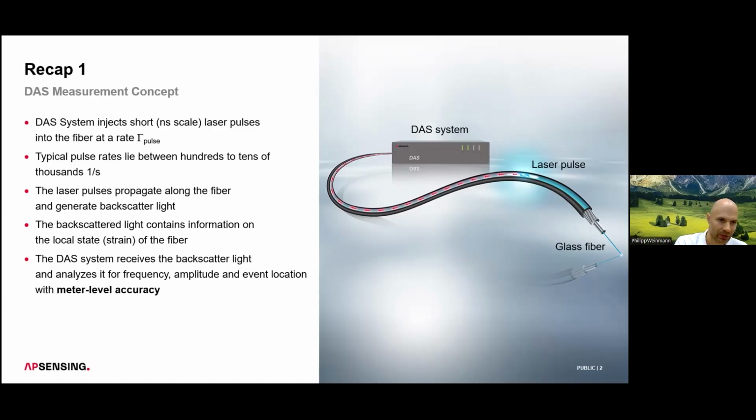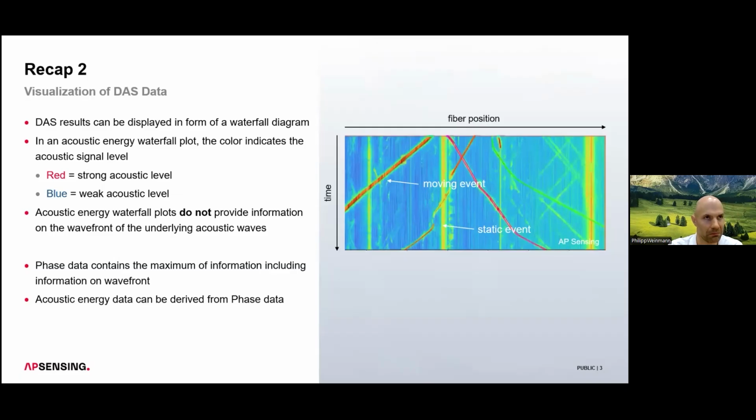Once you have installed the DAS system to the fiber and start a measurement, then it will produce data, and there exist many different ways how you can visualize DAS data. A common way to do it is that you create a waterfall diagram of the acoustic energy data, like the one shown here on the right side.